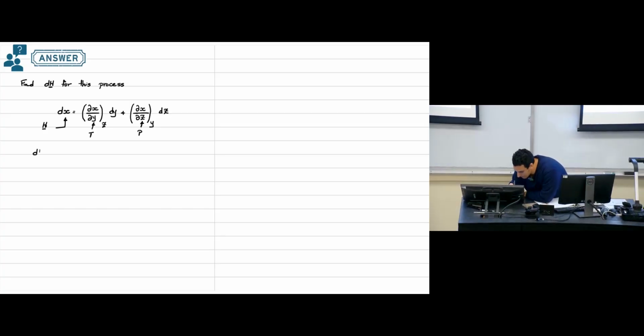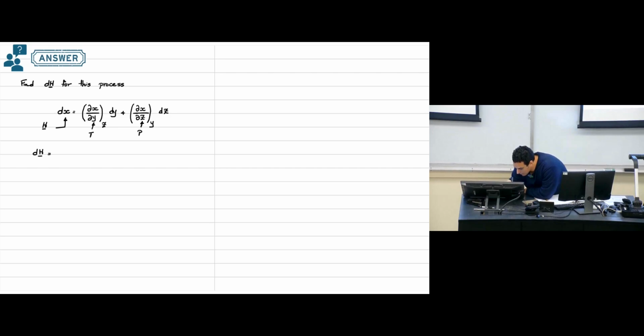dH equals dH by dT at constant pressure dT plus dH by dP at constant temperature dP.